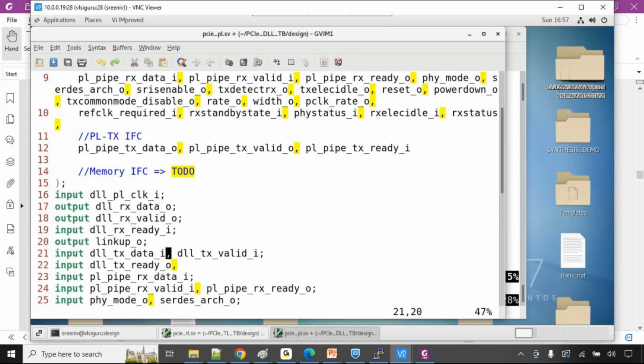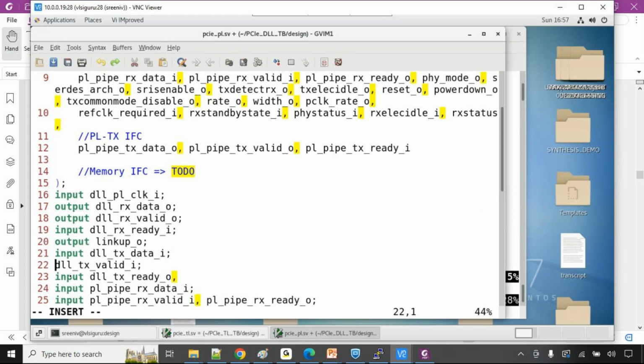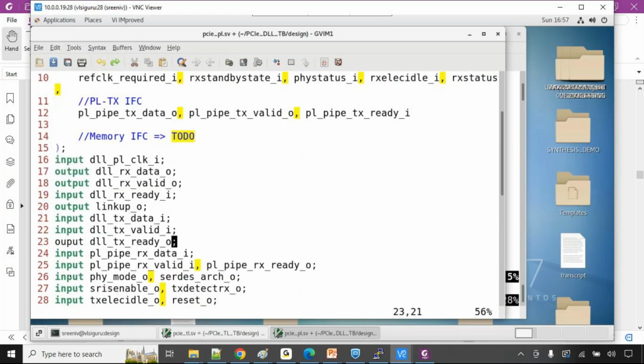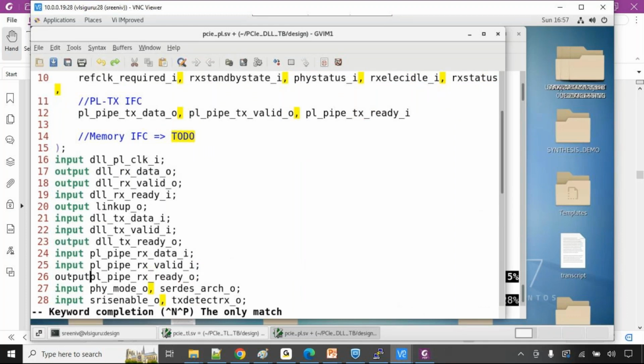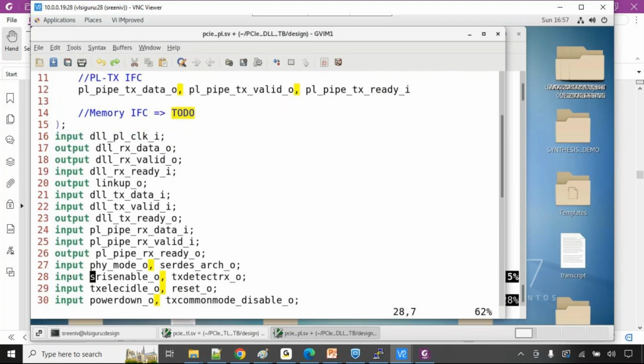This is an input. This is an output. This is an output. This is an output. I mean, we'll change everything.